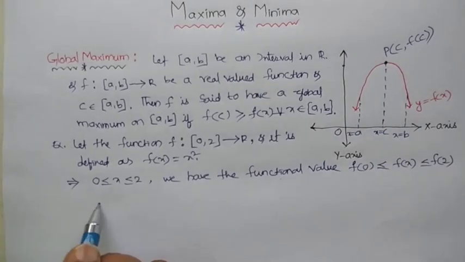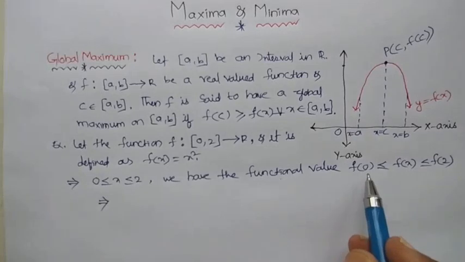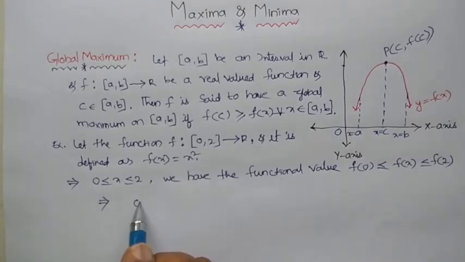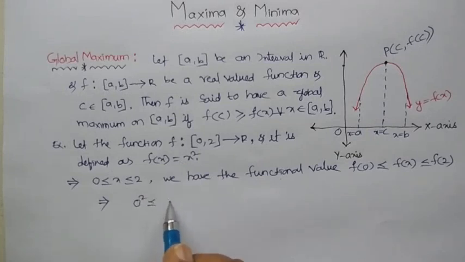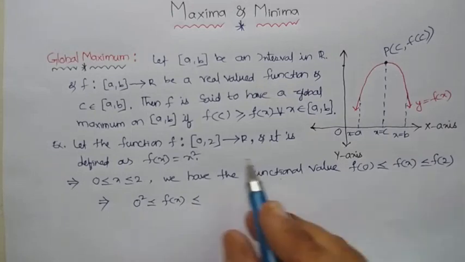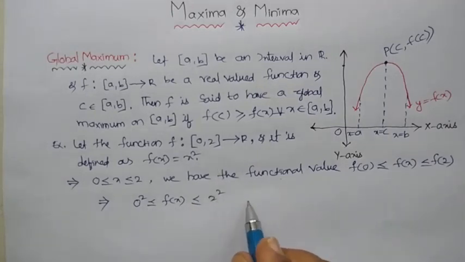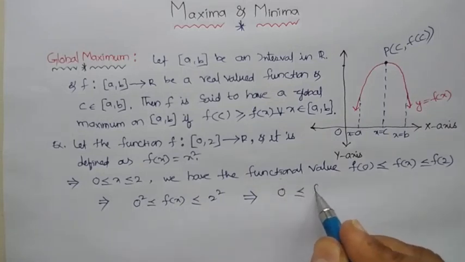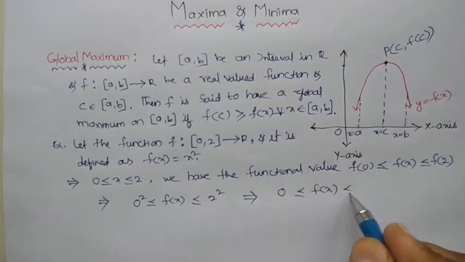That implies, what is our f of 0? Substitute 0 in place of x: 0 square is less than or equal to f of x is less than or equal to f of 2, that is 2 square. That implies we get 0 is less than or equal to f of x is less than or equal to 4.